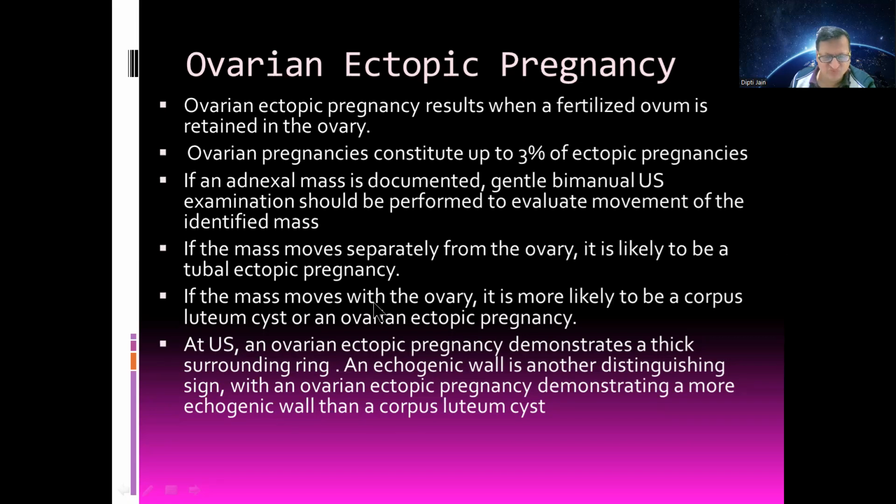If the mass moves with the ovary, it is more likely to be a corpus luteal cyst or an ovarian ectopic pregnancy. At USG, ovarian ectopic pregnancy demonstrates a thick surrounding ring. An echogenic ball is another distinguishing sign. An ovarian ectopic pregnancy demonstrates a more echogenic wall than the corpus luteal cyst.